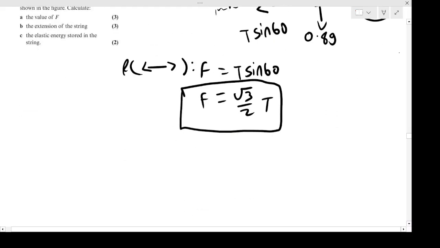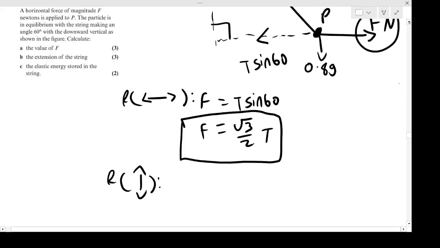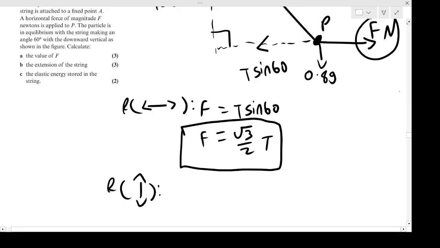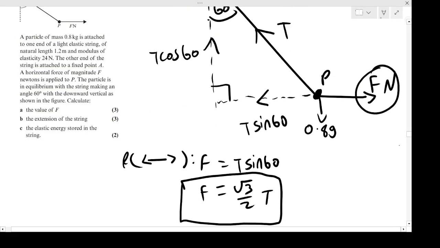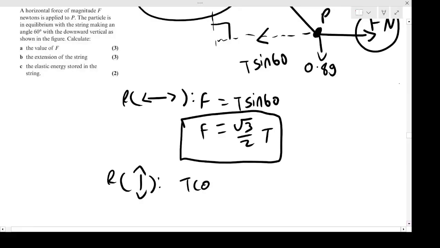Okay, now you might be thinking I'll use Hooke's law, but we don't need to do that because if we also resolve up and down, it's a good idea to just resolve in both directions so you don't miss anything out. So if we look up and down now, well, firstly, I've got my upwards force, which is T cos 60. That's going to equal the downwards force of 0.8 g.